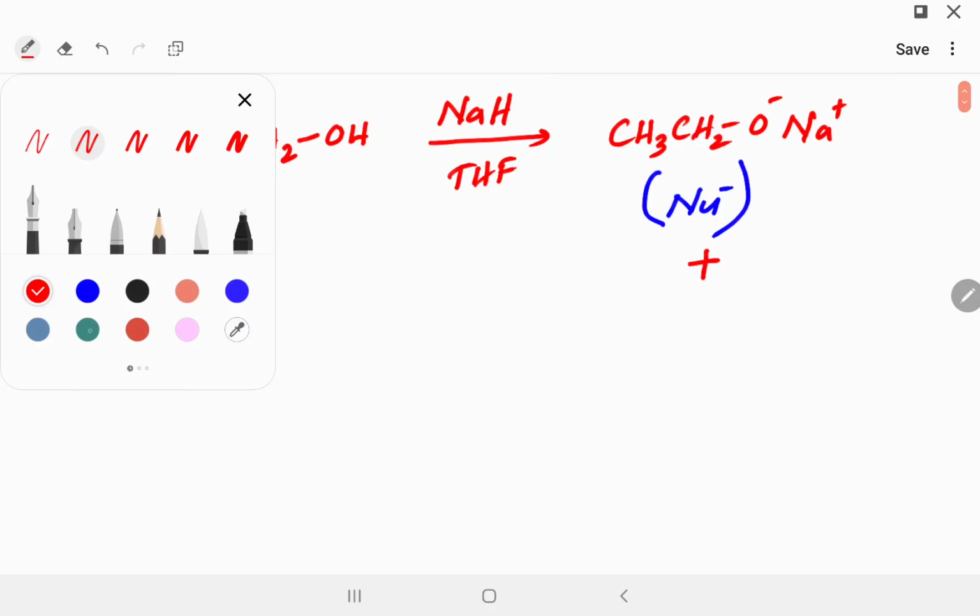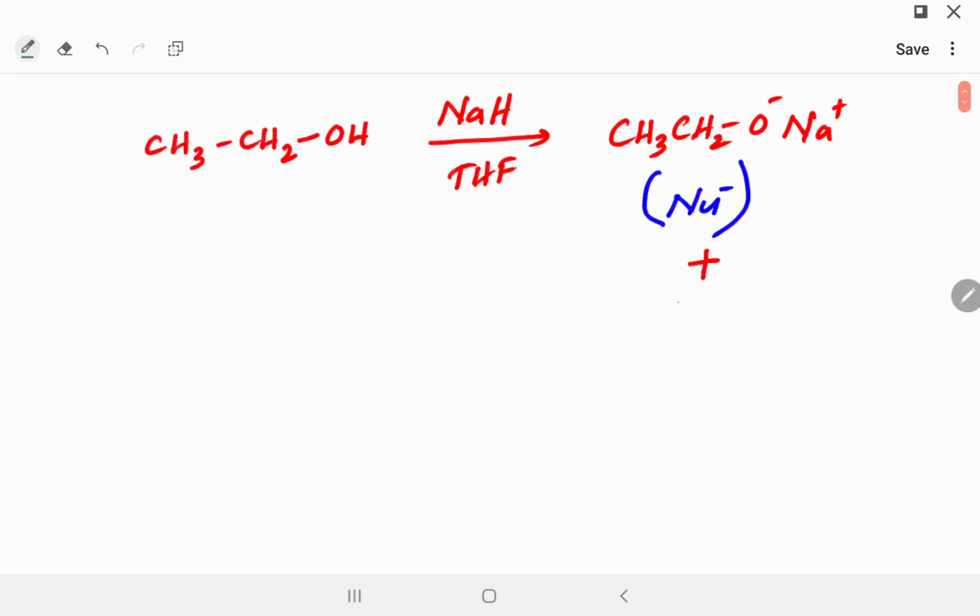Let's go for green. Make sure to use only primary alkyl halides, and then you will have an SN2 reaction.